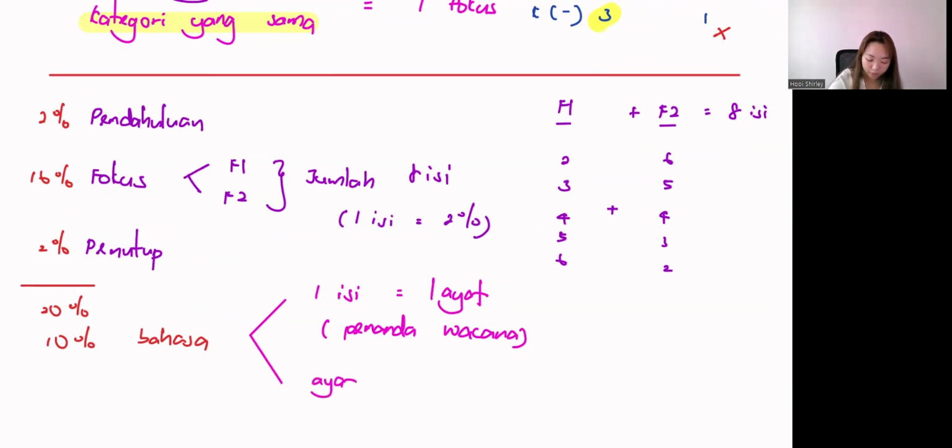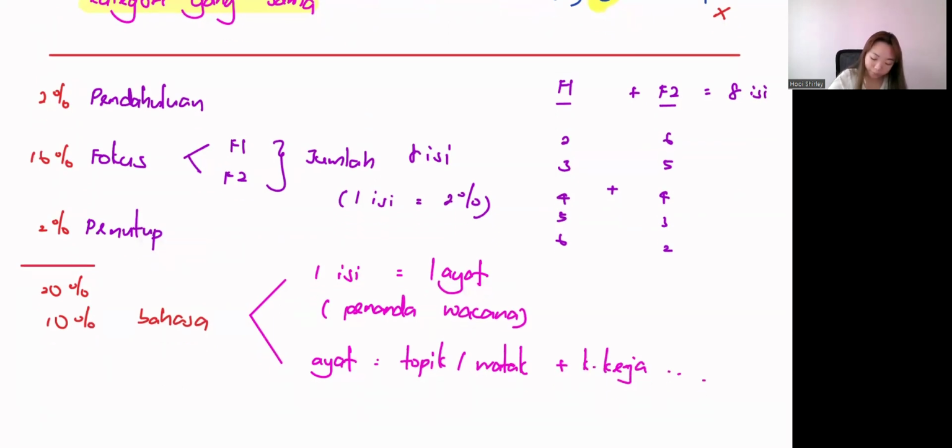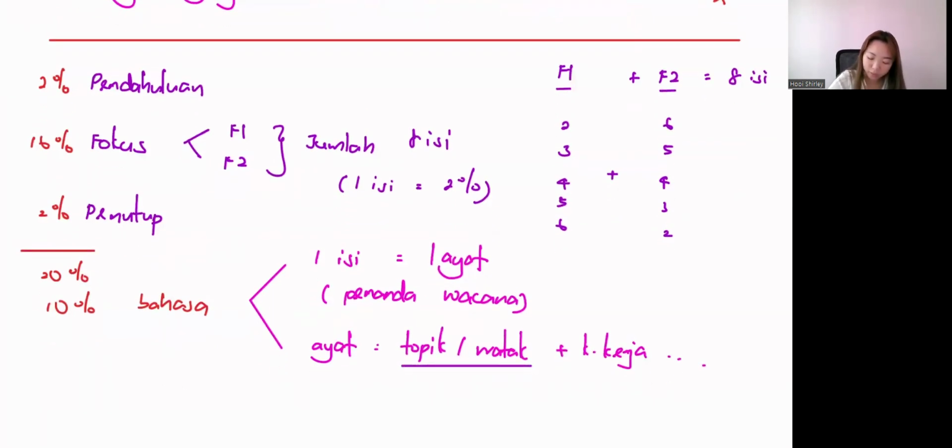So for all the sentences, you need to start off with a topic or watak. Then only the kata kerja and the explanation. Always remember, you must start off with a frasa nama. This is how you secure your bahasa marks. So in total, 30.